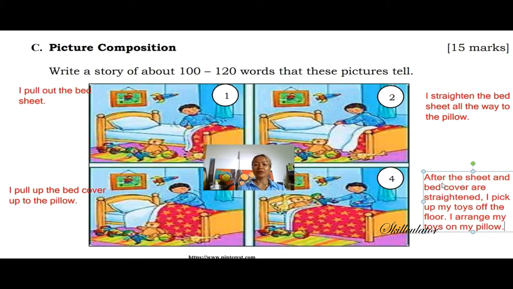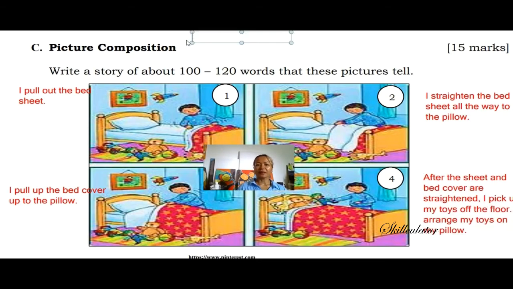So the first thing you would do is think what is a good introduction to the composition. I had said before that maybe a good title to the composition is What I Do When I Get Out of Bed Every Morning.